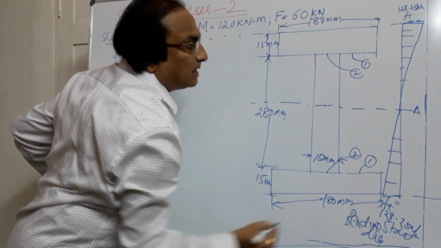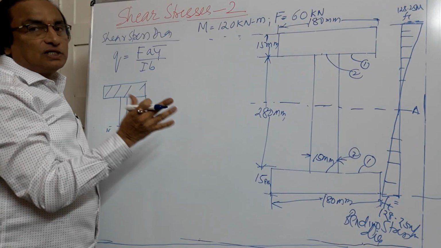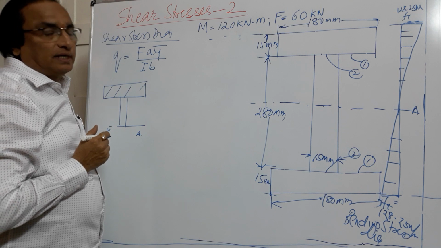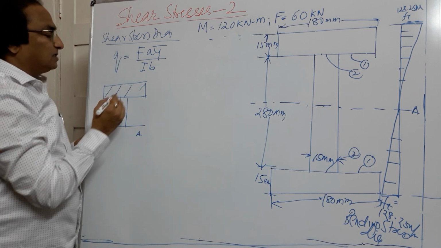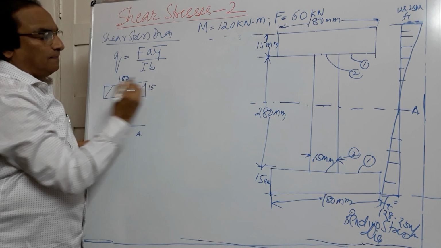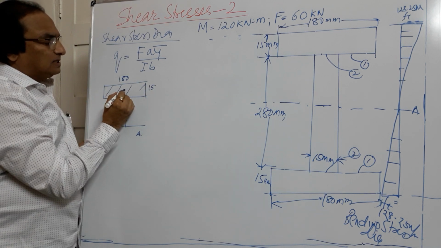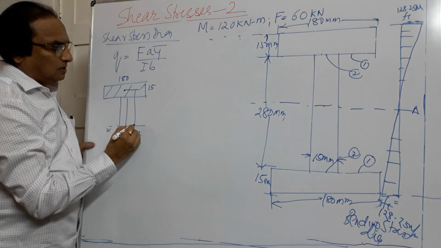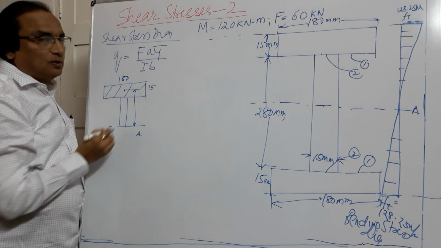The difference between level 1 and 2 is that the width of the section will be changing. So there is a sudden decrease in the cross sectional area. So here, this is the area 180 by 15, and we know the centroid is at the center, and we need the distance of the centroid from the neutral axis.